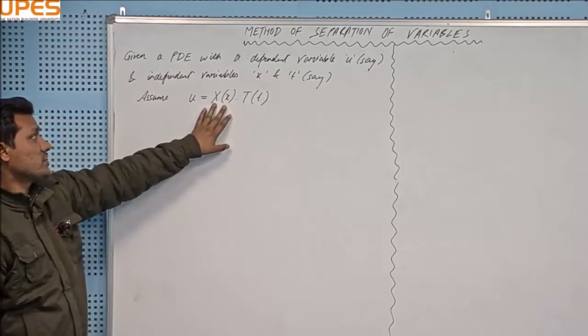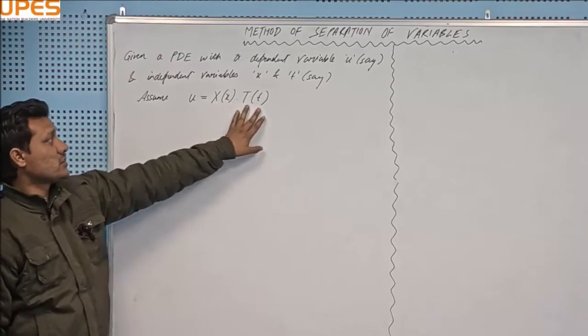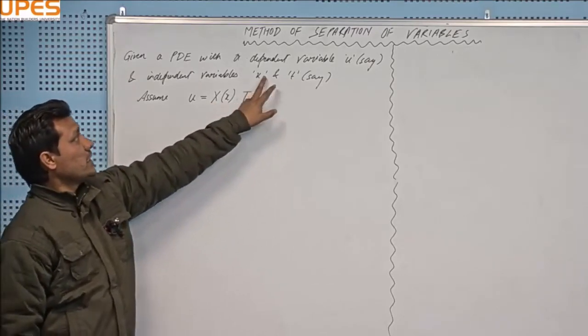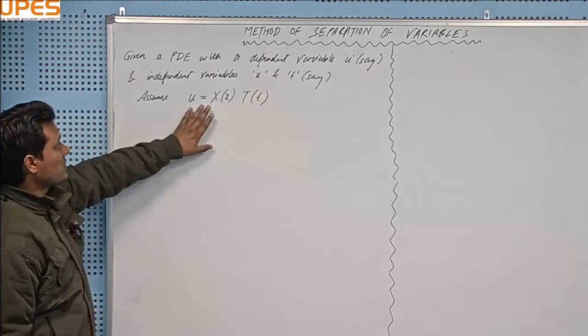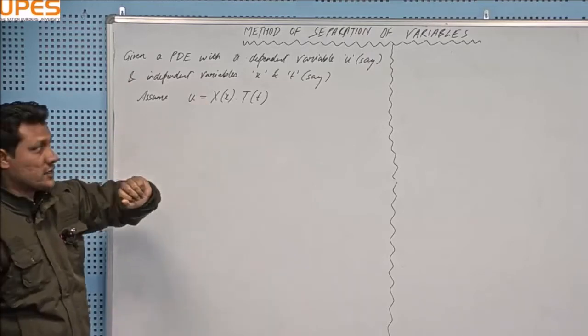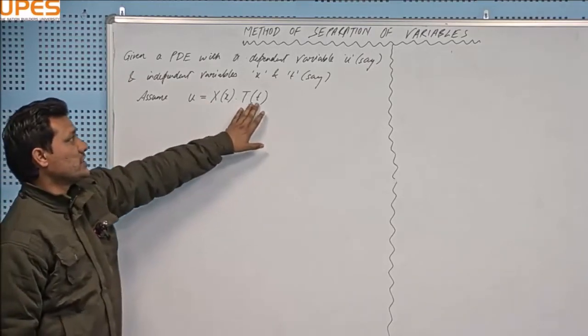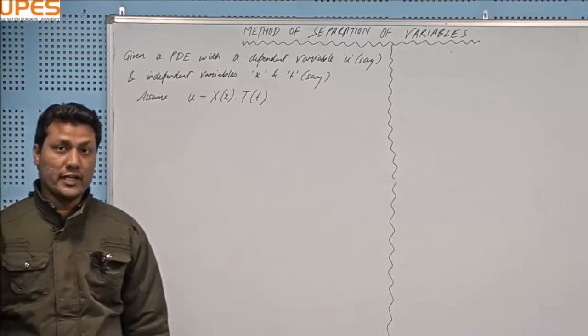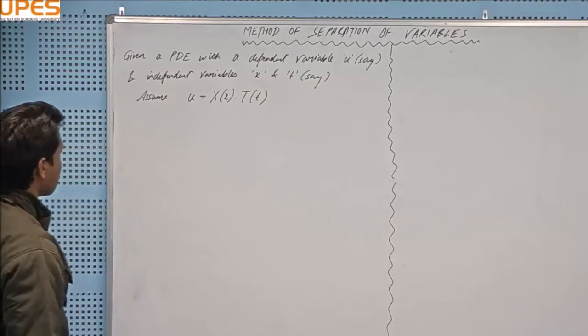One is a pure function of x, and the other is a pure function of t. If there are more independent variables, then this solution can be extended, that is u = X(x) T(t) P(p) and so on. I am giving the theory for only two independent variables.